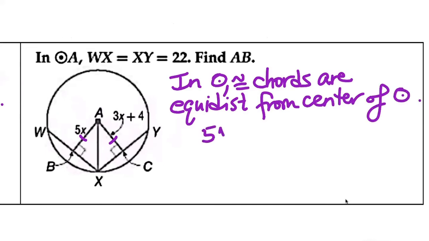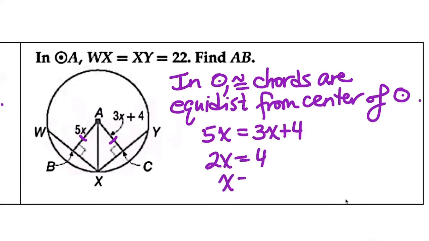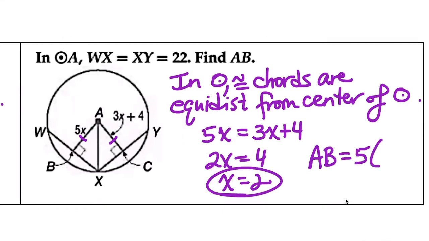Okay, so 5x is equal to 3x plus 4. So 2x is 4, x is 2. Now it asked us to find AB. AB is 5x, so 5 times 2. AB is 10.